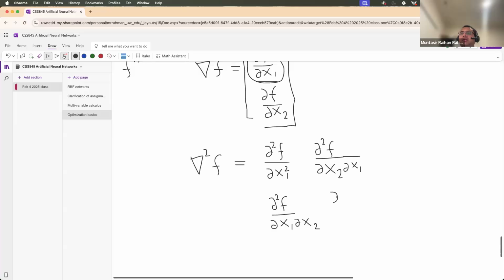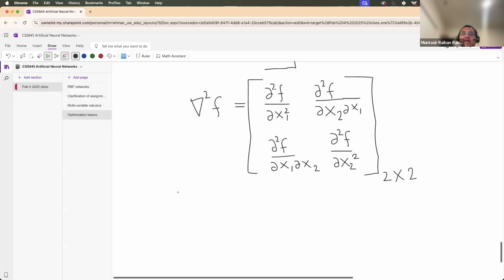Finally this last term is del square f with respect to del x2 square. Now I put everything together. What type of object is this? This is now a 2 by 2 matrix.